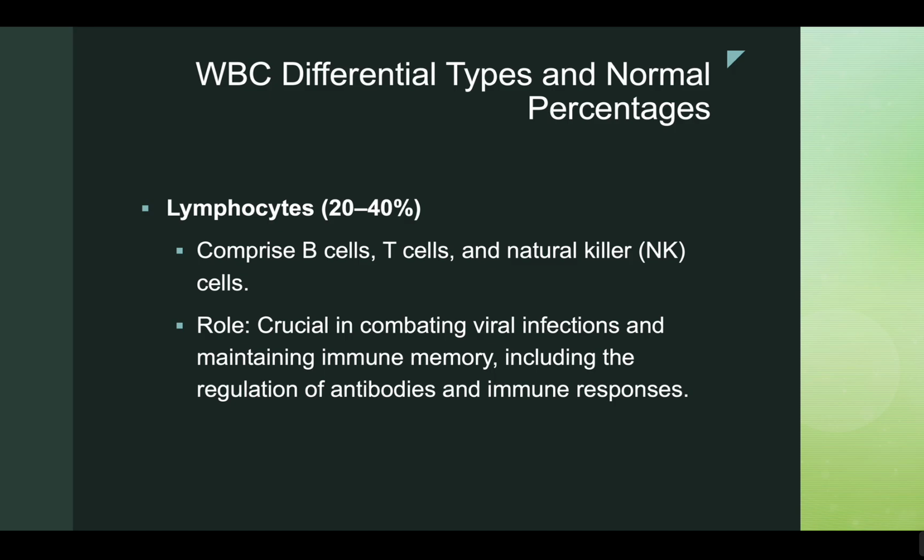They go in there and fight the virus by maintaining an immune memory. That means when they have contact with the viruses, they register and remember that they've had contact with this virus. They also help in regulating antibodies and the immune responses that we have subsequently to such viruses.